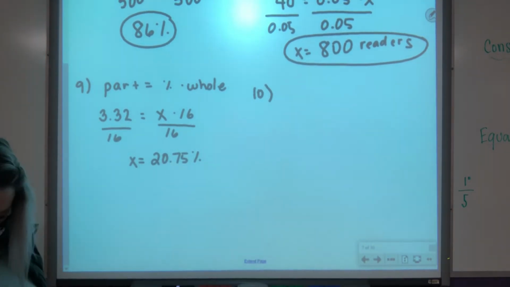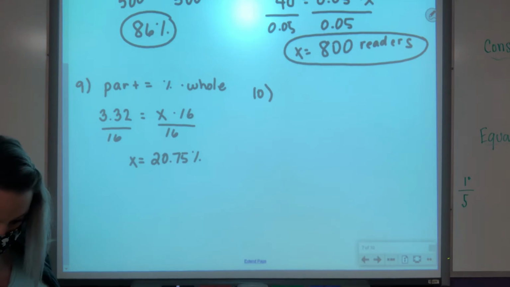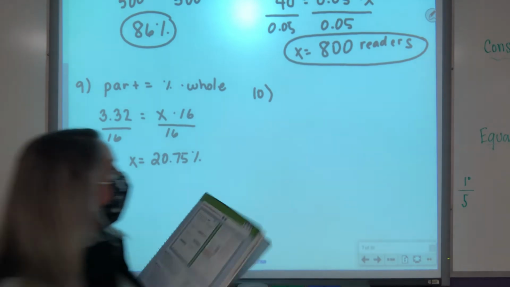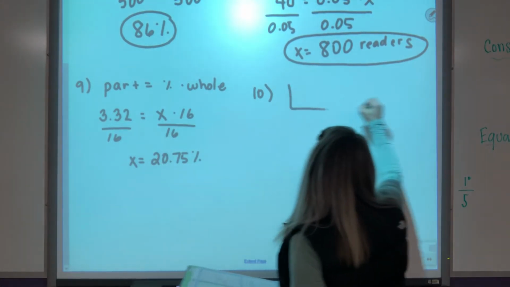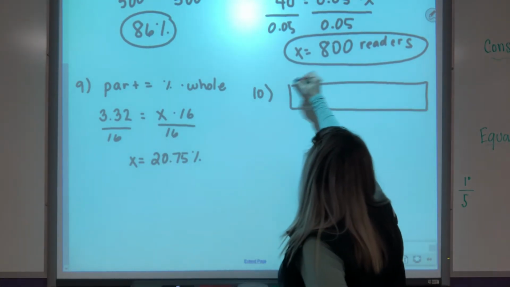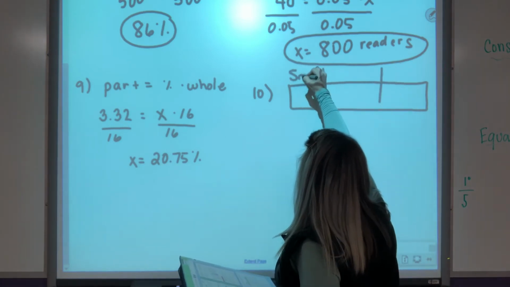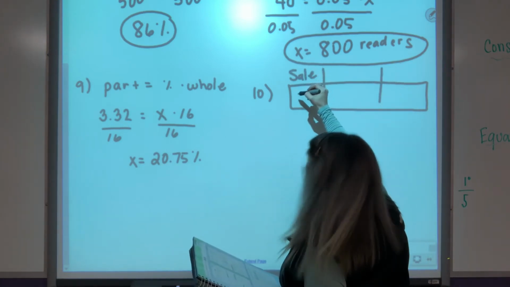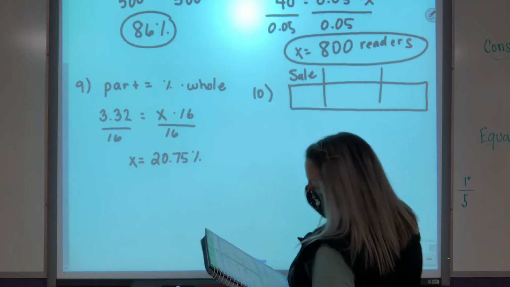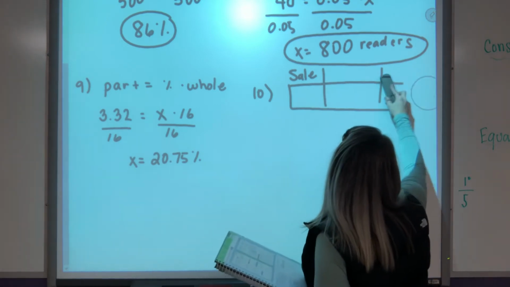All right, number 10. A shirt that normally costs $30 is on sale for $21.75. What percent of the regular price is the sale price? So they gave us the information. Okay, so the sale, oh no, wrong problem, sorry.